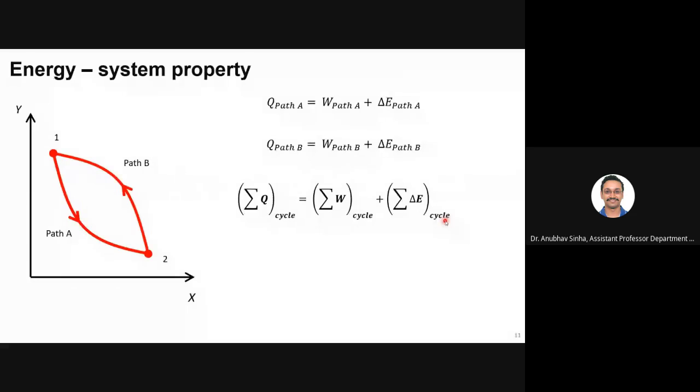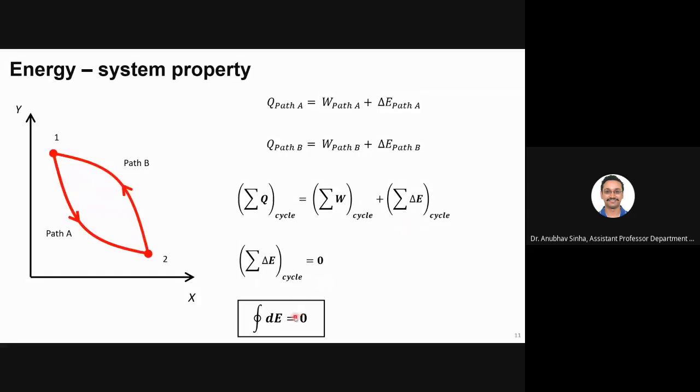Now, in the previous slides, what have we seen? We have seen that this will be equal to this, right? The summation of Q in one cycle is equal to the summation of W in that cycle. This is what we derived in Joule's experiment, right? So if I remove these two terms, the remaining term will be delta E for the cycle is equal to 0, right?